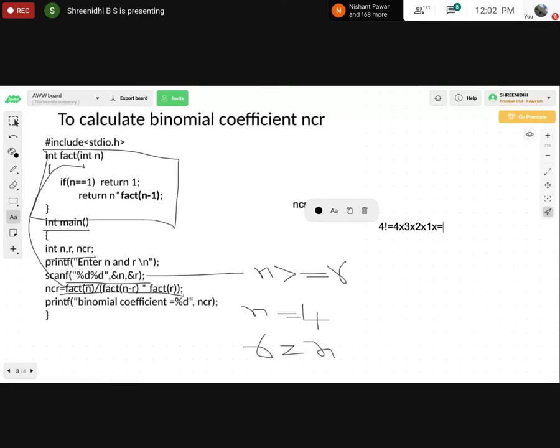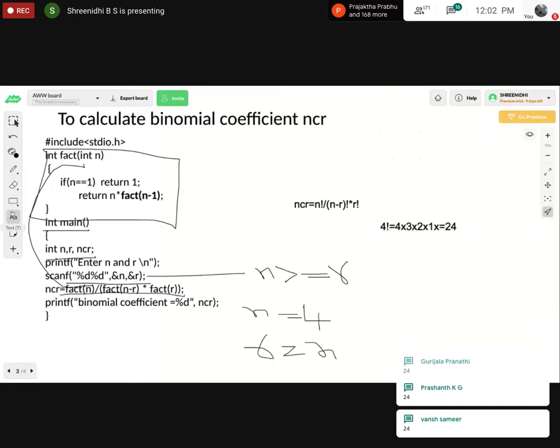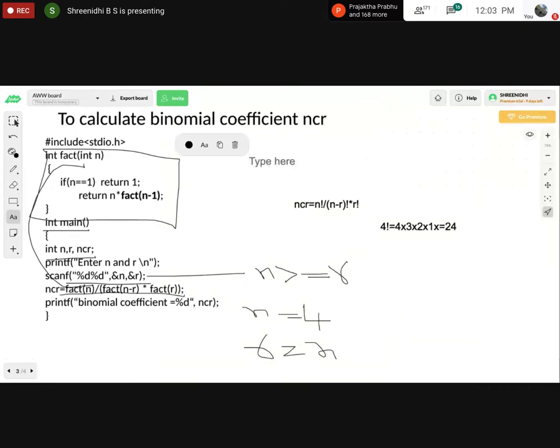How much is 4 factorial? It's 24. So you know how I got 24 here. If I want to show, I'll show. See here, first time, if 4 is equal to 1, false.